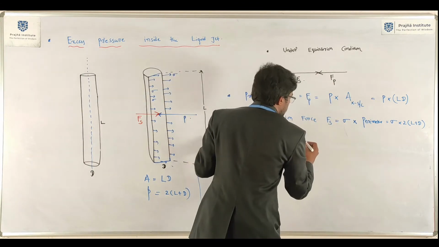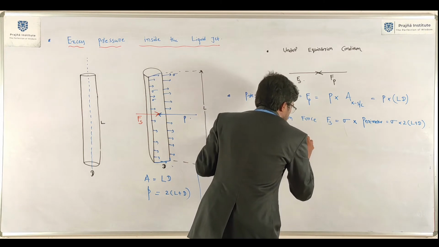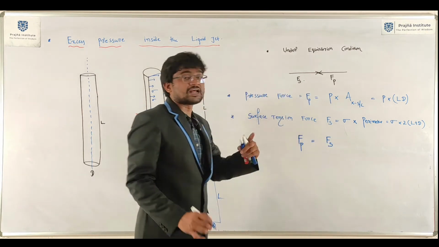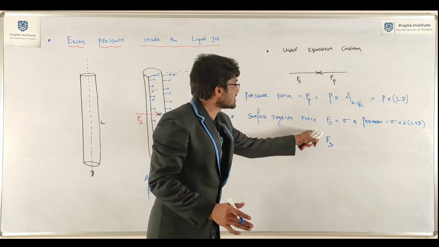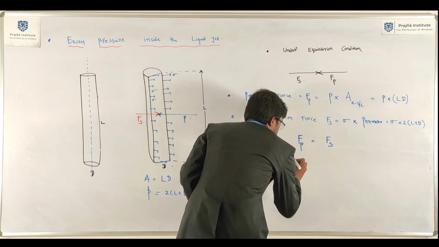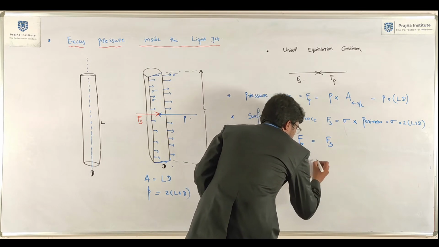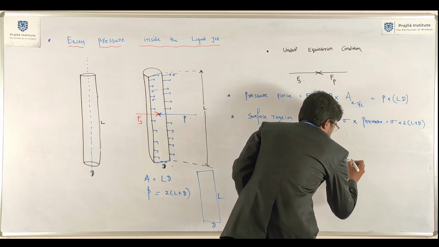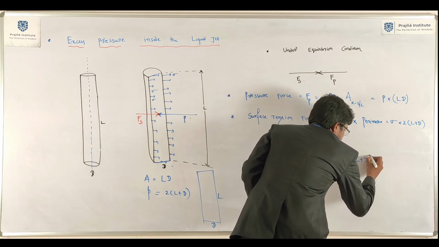Now under equilibrium condition, Fp equals Fs. Pressure force equals surface tension force. The pressure force is P into L into D. The surface tension force is sigma into 2 into (L plus D).